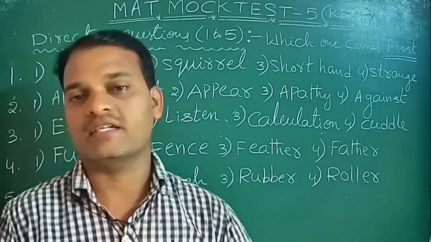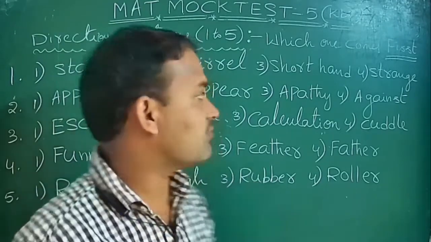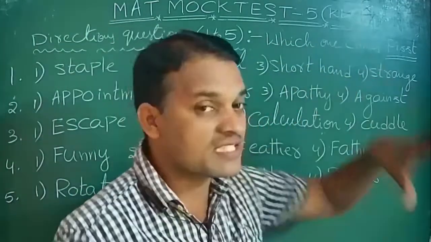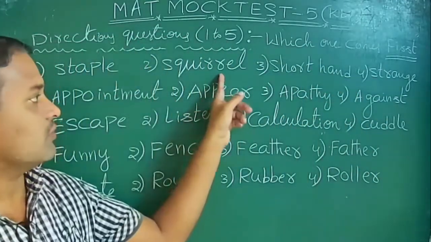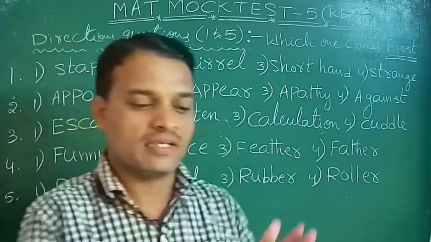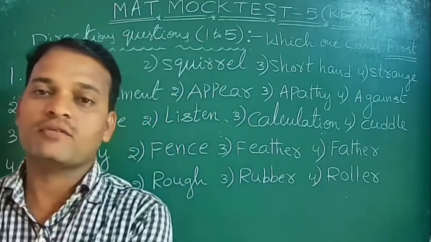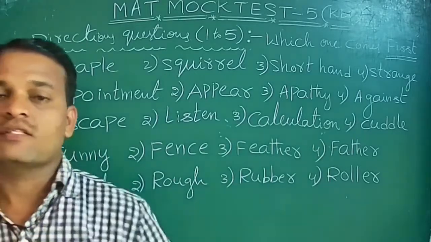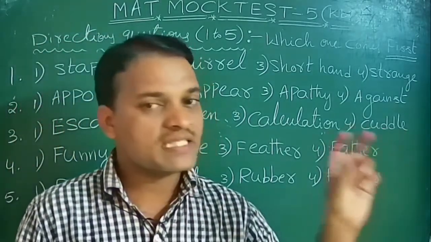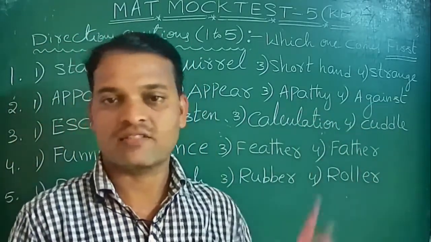All 4 words are arranged in alphabetical order, first one, second one, third one, fourth one, and you need to identify which one comes first. That is the question.